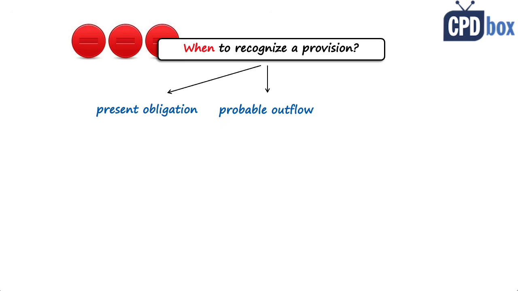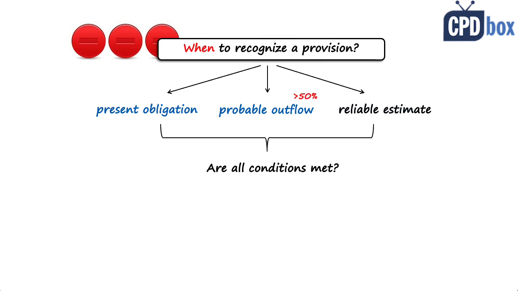And there is a higher probability of having to pay than not having to pay, and in numerical terms, more than 50%. Number three, there must be a reliable estimate of the outflow of economic benefits that is required to settle the obligation. So we must be able to determine how much. In extremely rare cases, when no reliable estimate can be made, a liability exists, but it cannot be recognized.